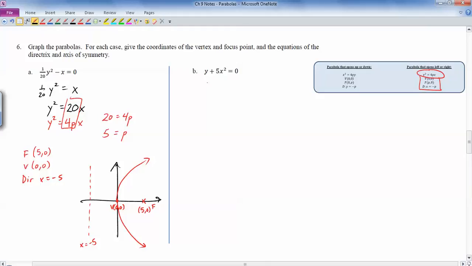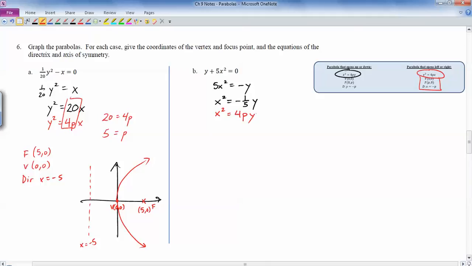Okay, we got one more over here. y equals 5x squared, so let's get the x squared term by itself by first subtracting y. And then we'll divide both sides by 5. Now I'm going to write it like this: x squared equals -1/5 y. Right there. So now it's in this form. So it's going to open up or down. And so I'll write the general form right below it: x squared equals 4py.